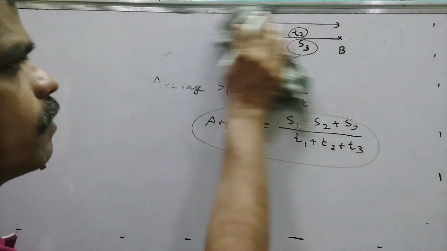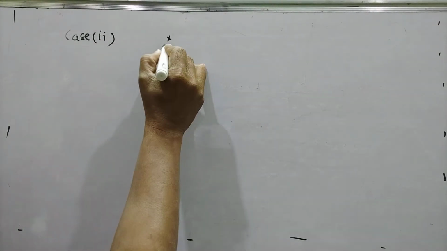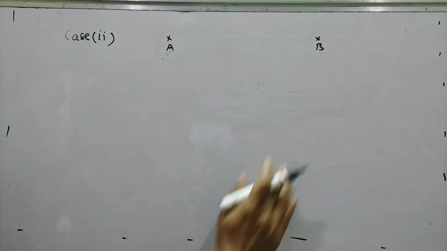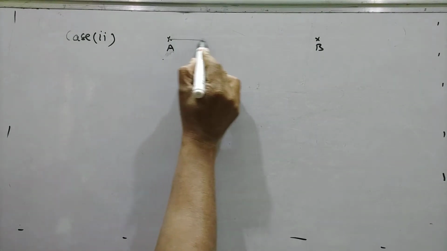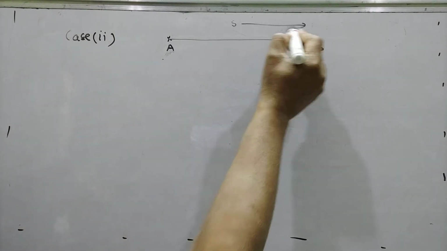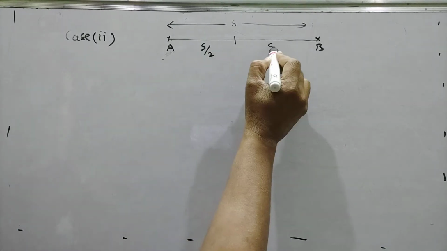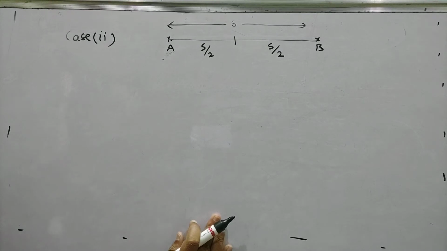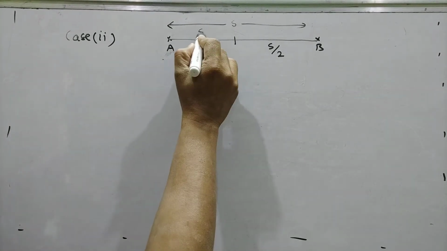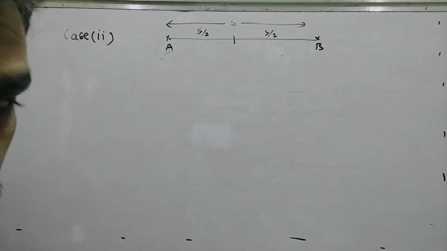We will see one more case. Look here, this is case 2. A body starts from A and reaches B. Here the total distance is split into two halves.